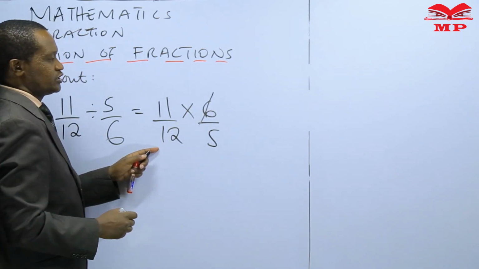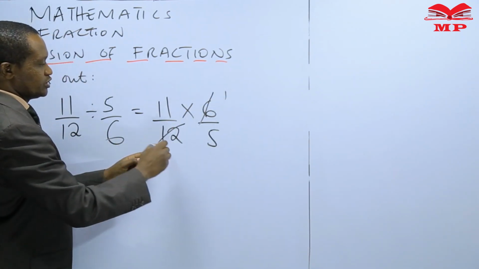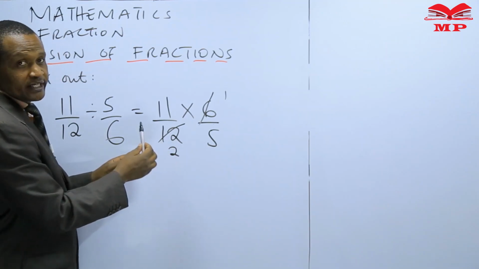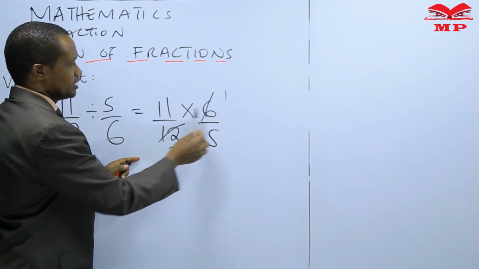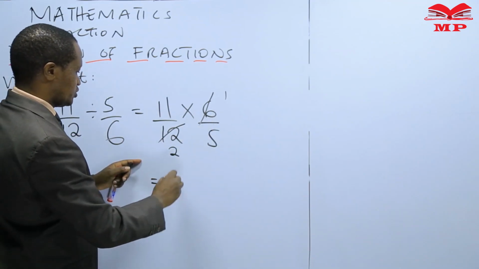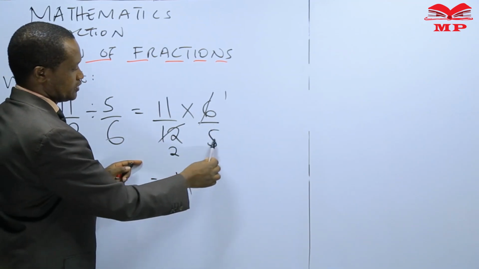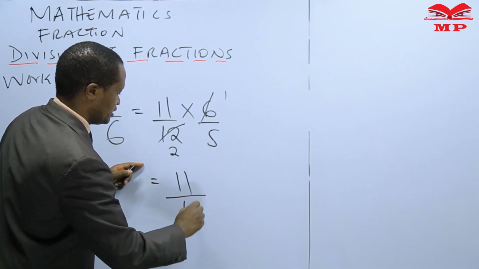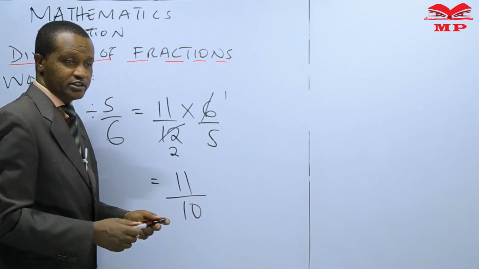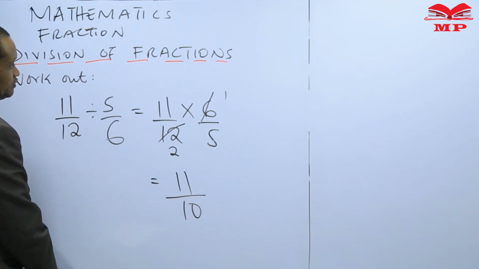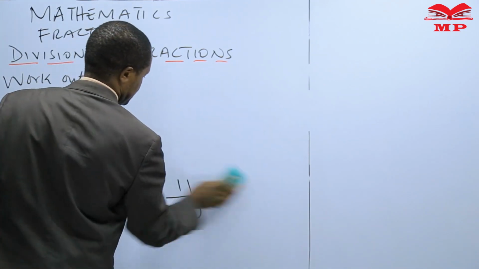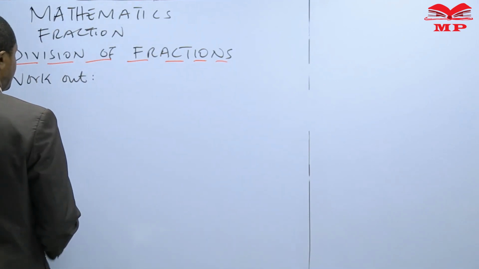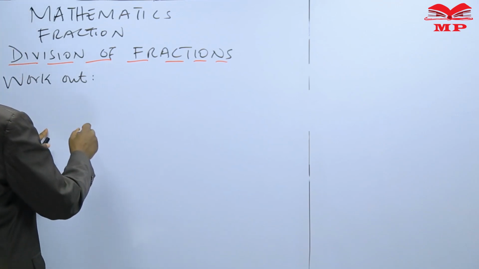Cancel. 6 goes here once, 6 goes here twice. Then we multiply the numerators. 11 times 1 is equal to 11. 2 times 5 is 10. See how simple it is? Division, very simple. We go on, we work out another example.